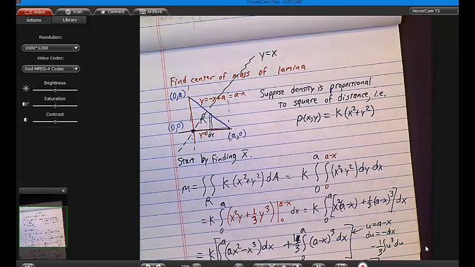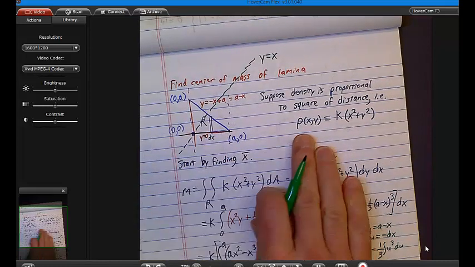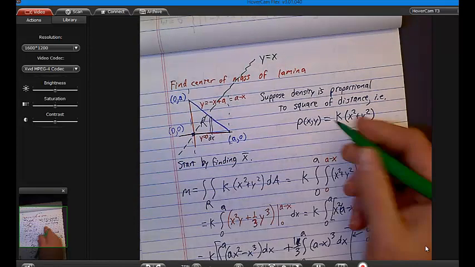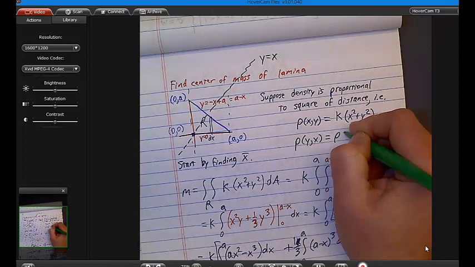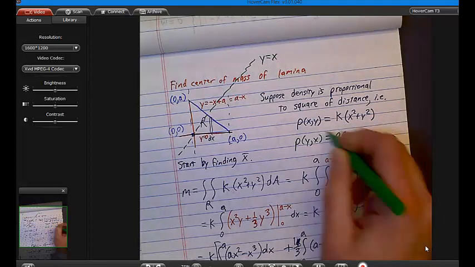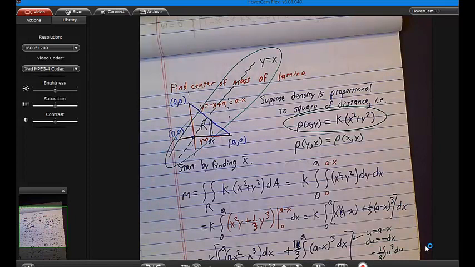Why? Well, because the picture is symmetric, but not only that, the density function, if you switch, rho of yx is equal to rho of xy. It really has to do with both the picture and the density function.